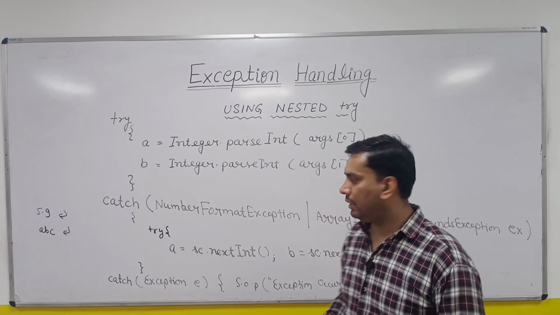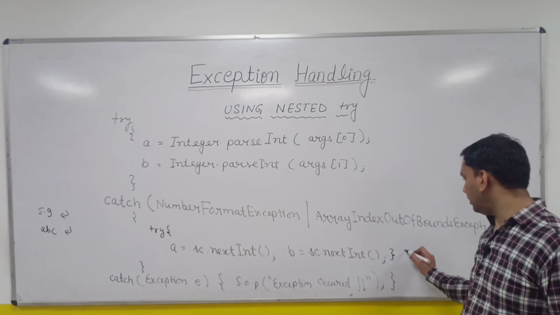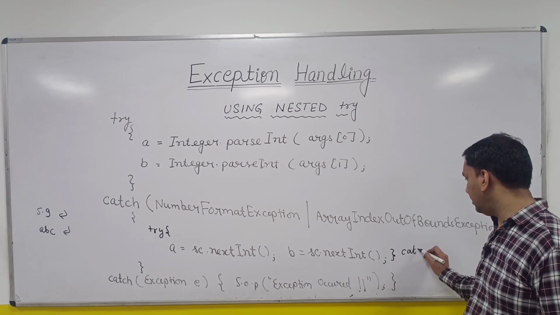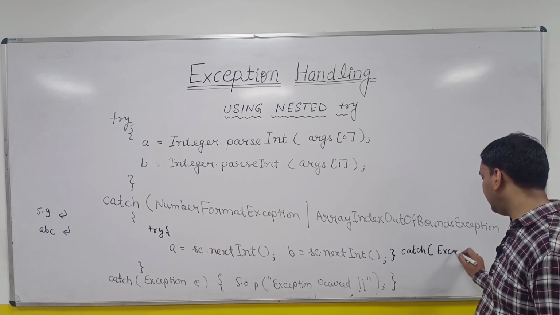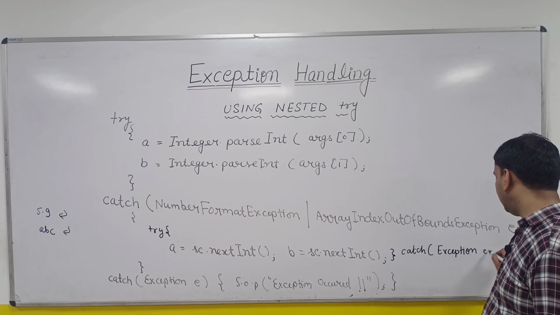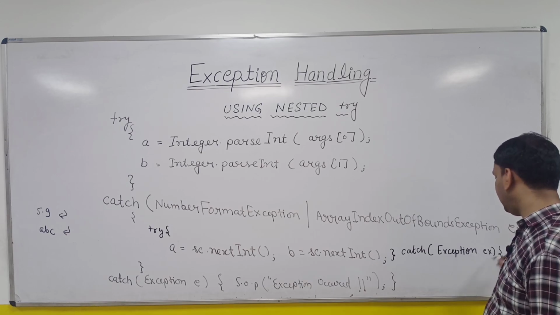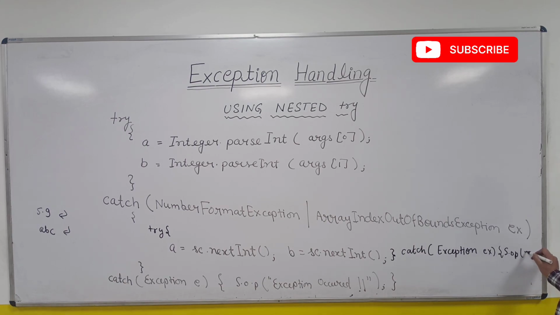Here input mismatch exception is possible, so can I write a catch block of exception type or any type? If I am not aware, I can write some generalized catch block here, and in this I am printing the exception object ex, whatever we have got here.